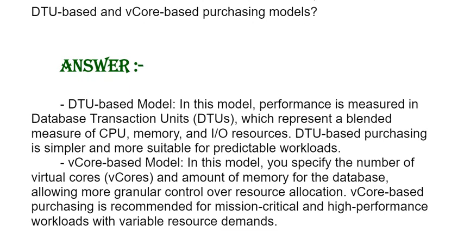DTU-based purchasing is simpler and more suitable for predictable workloads. vCore-based model. In this model, you specify the number of virtual cores, vCores, and amount of memory for the database, allowing more granular control over resource allocation. vCore-based purchasing is recommended for mission-critical and high-performance workloads with variable resource demands.